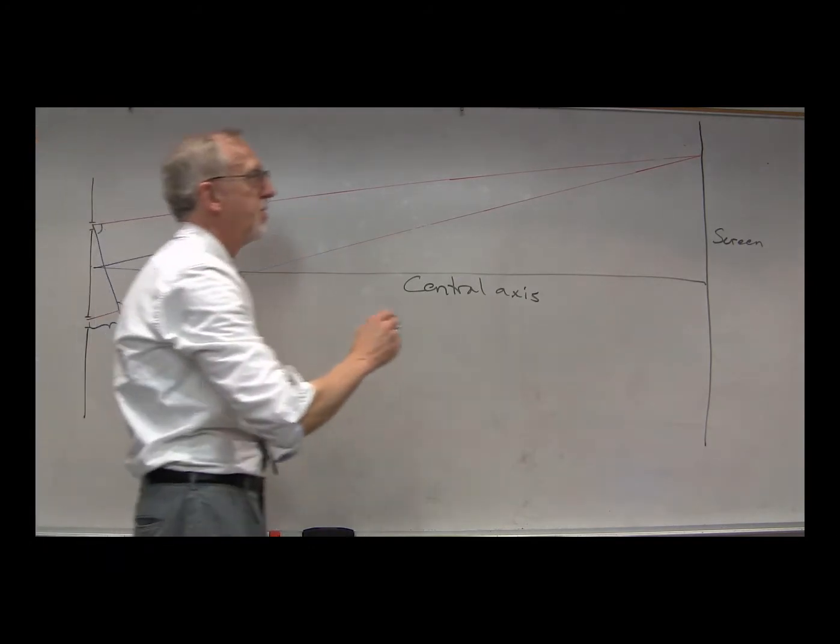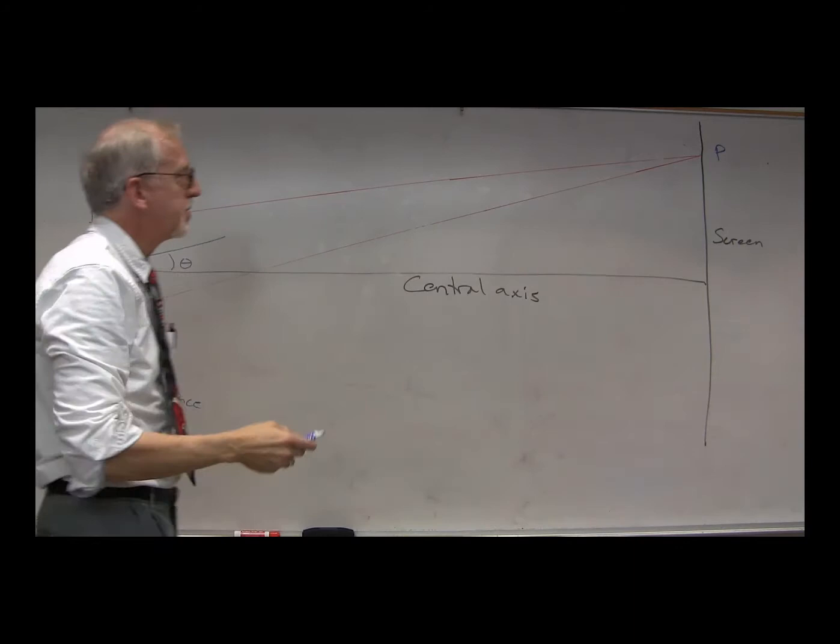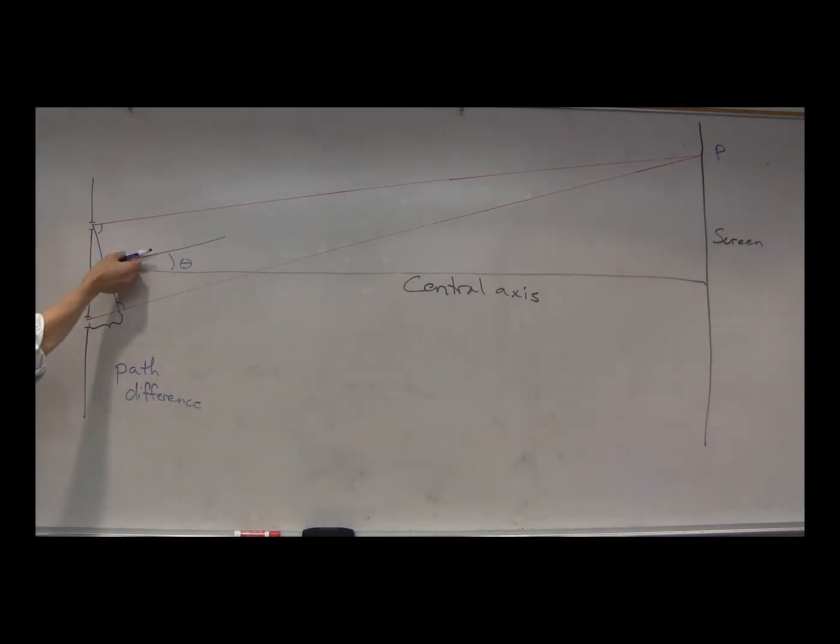Now let's imagine that this point P, where we're combining the rays, is at some angle theta up from the central axis. That line here is going to be perpendicular to that line there that forms the base of our equilateral triangle, so that's going to be at a right angle.